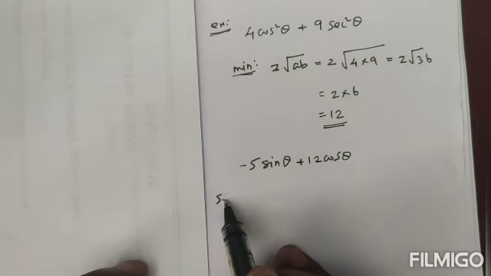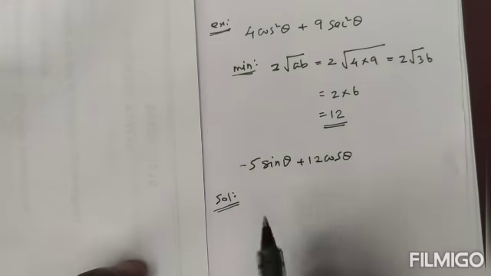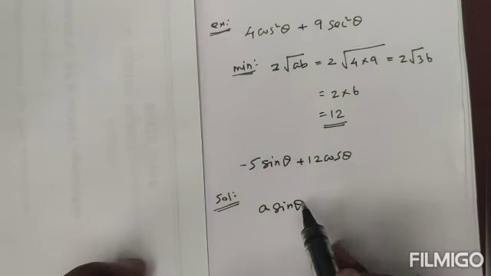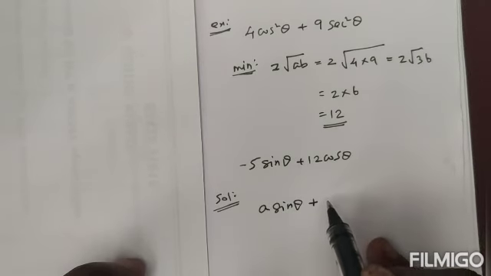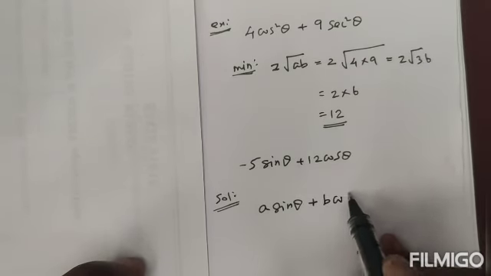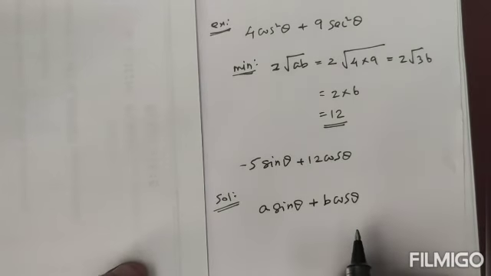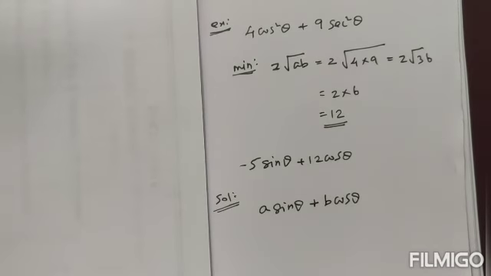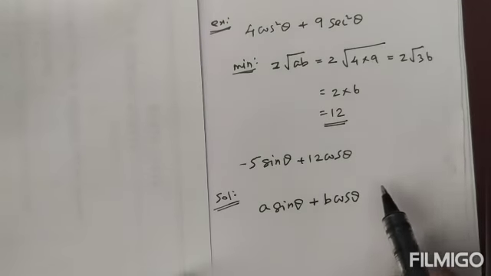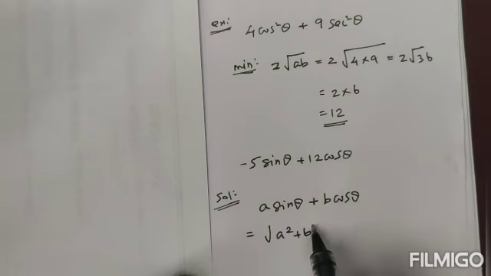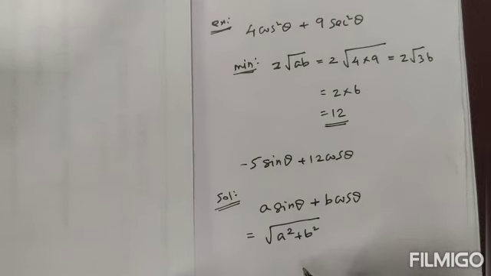So now see the solution. This is like a model A sin theta plus B cos theta. In this question they are asking for the greatest value. That greatest value formula, you know, is root of A square plus B square.